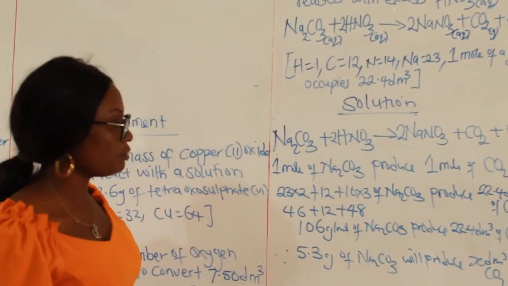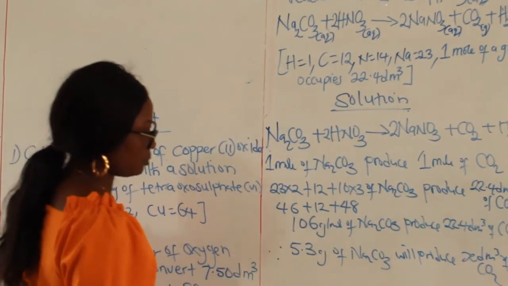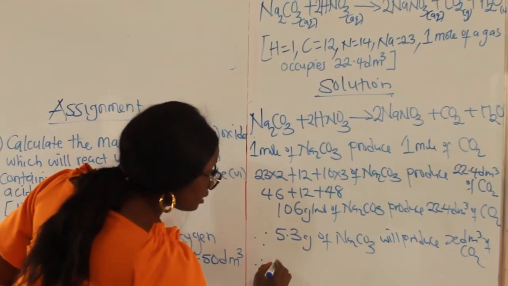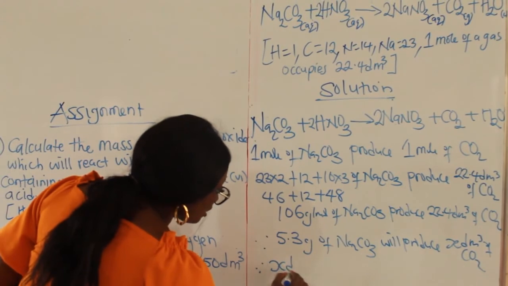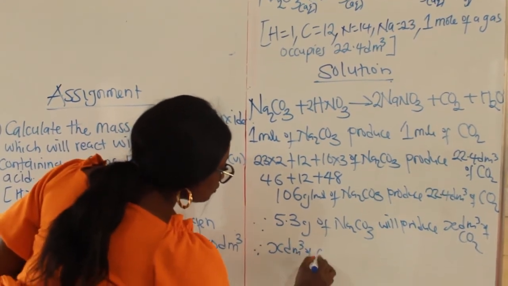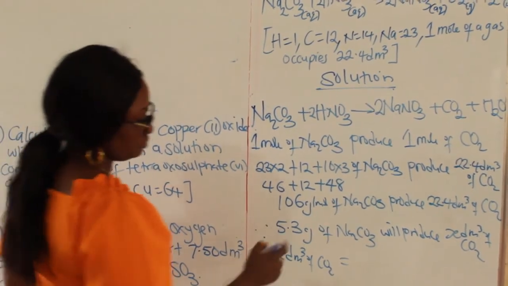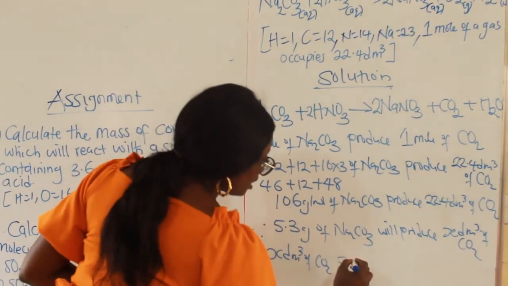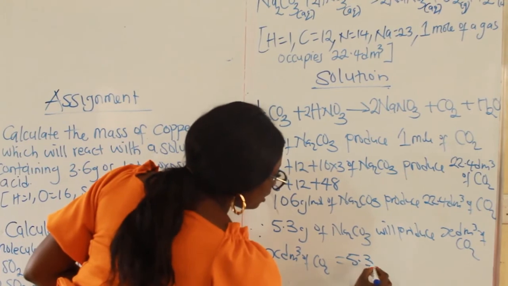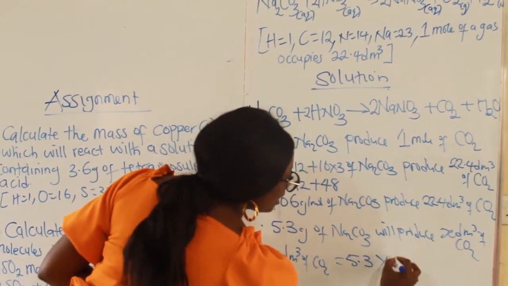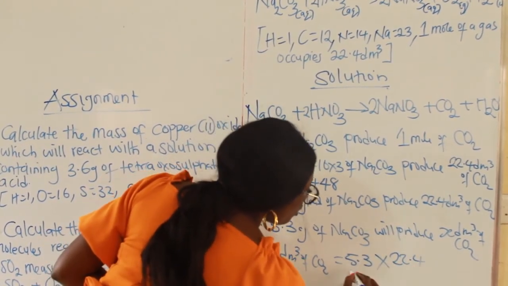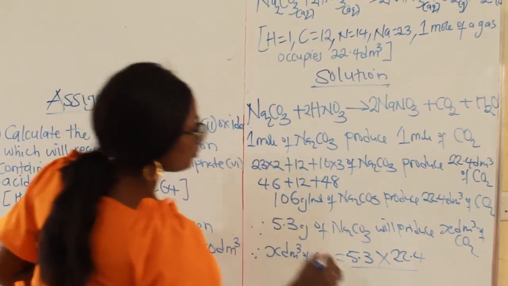X dm³, because that's what we are looking for. The next thing is to multiply, then X dm³ of CO2 will be equal to this multiplied by this. So you have 5.3 multiplied by 22.4 all over 106.